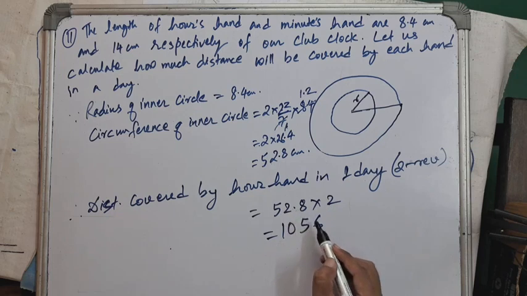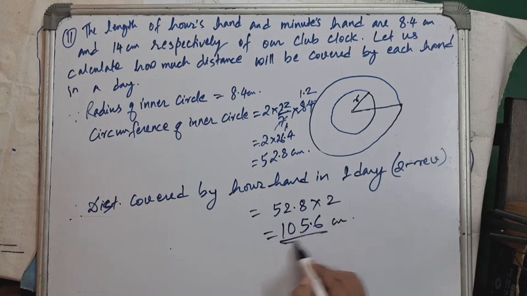We have a decimal point before one digit, so we put the decimal point here: 105.6 centimeter. This is the distance covered by our hour hand in one day, which means 2 revolutions.